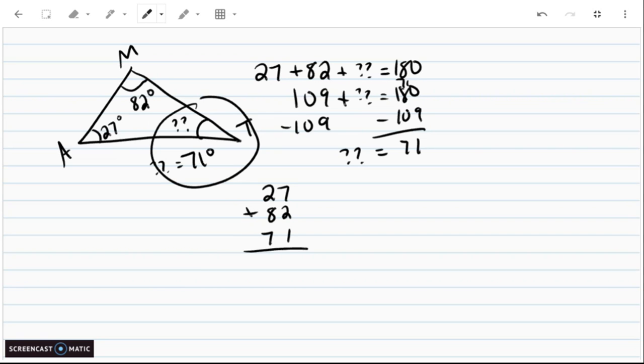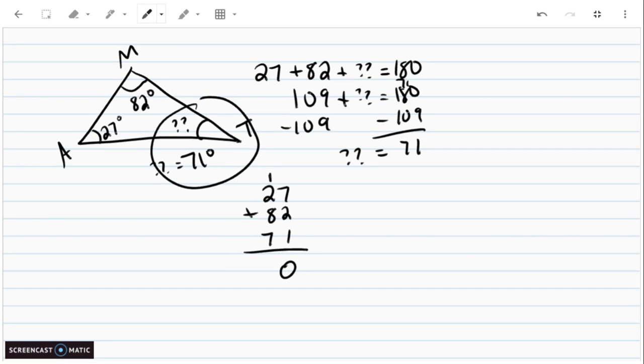So 7, 8, 9, 10, carry the 1, 8, 9, 10 for the 2, and then plus 1 is 11, plus 7 is 18. So sweet, I know this works. This is my check over here.